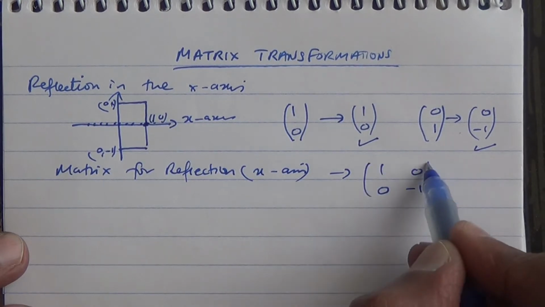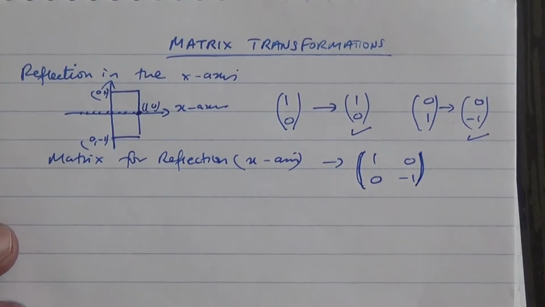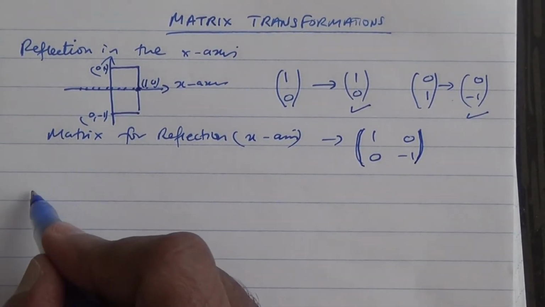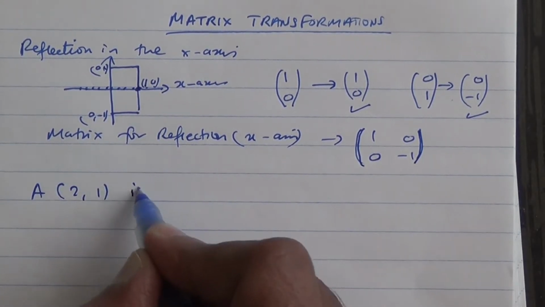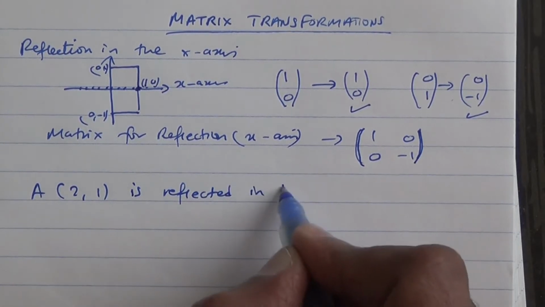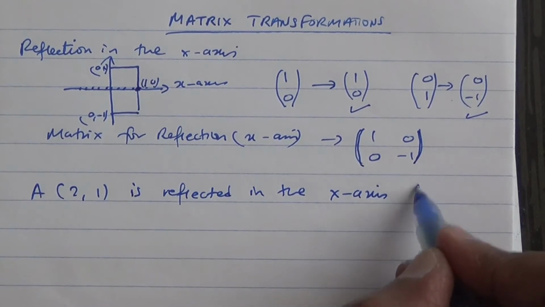So in other words, this matrix will be used if you have to do a reflection in the x-axis. For instance, let me give you a very simple example. Say A, which is 2, 1, is reflected in the x-axis. Find its image.